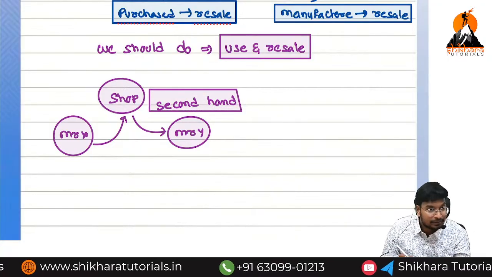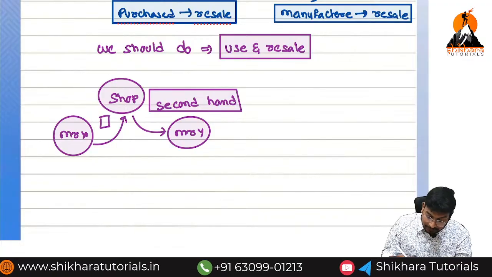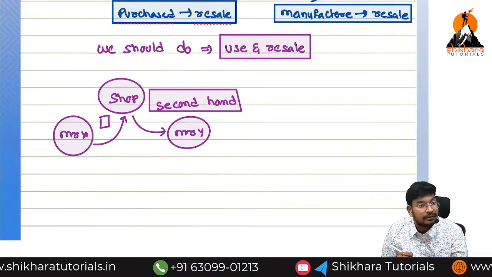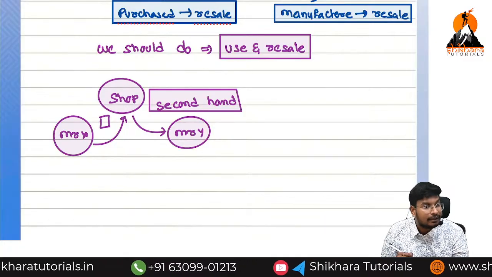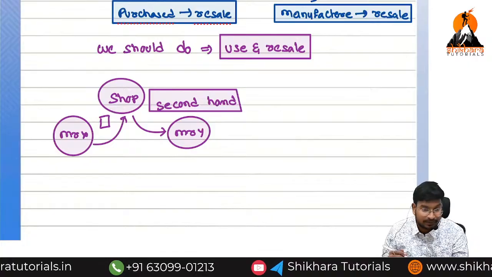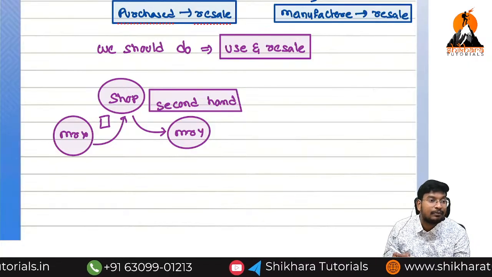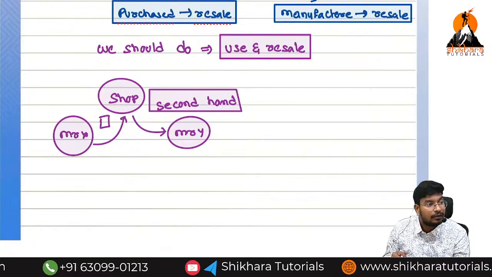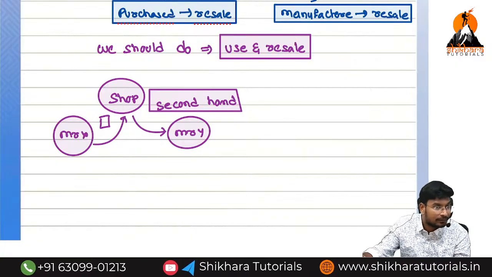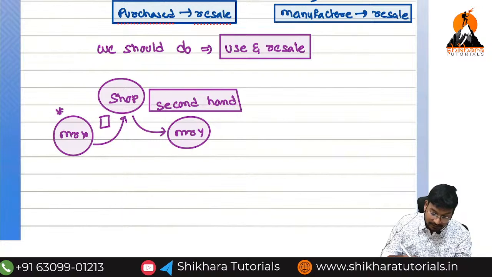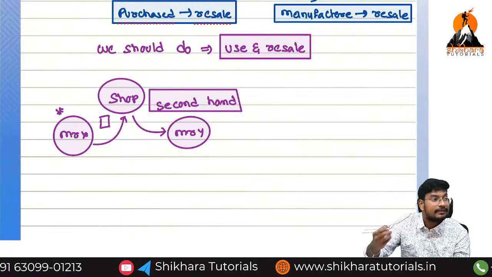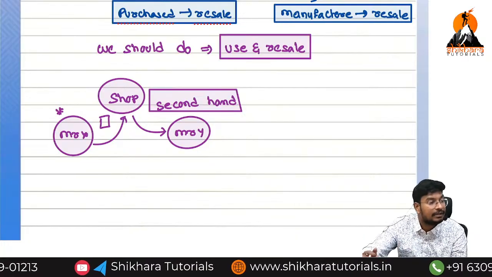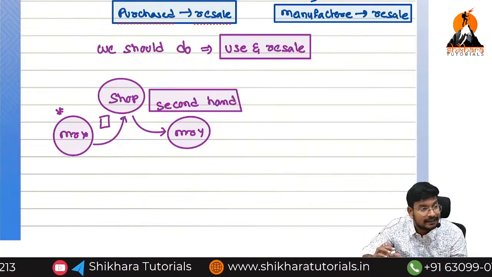Already Mr. X used the phone and then sold it to us. Again, we are not using that phone directly; we are selling it to some other person. In this situation, the second hand mobile is called a good. But if after purchasing the mobile from Mr. X we use it and then resell it to Mr. Y, that particular thing is called an asset.